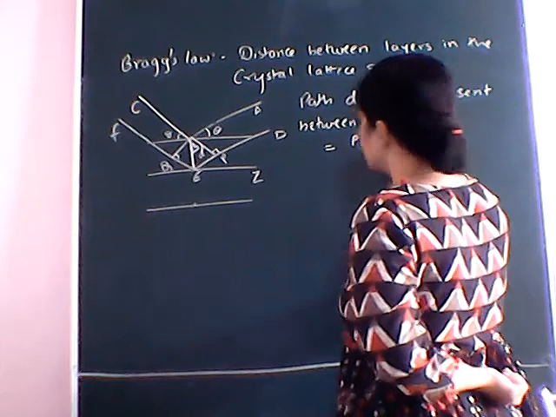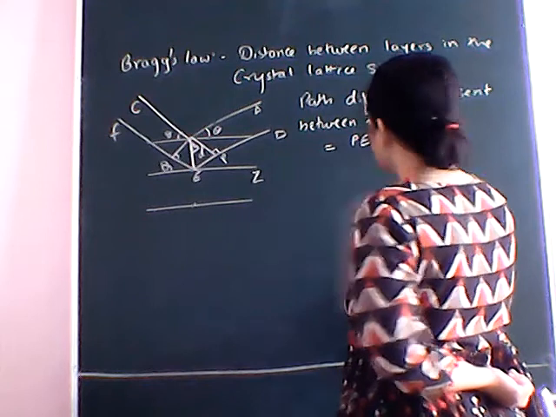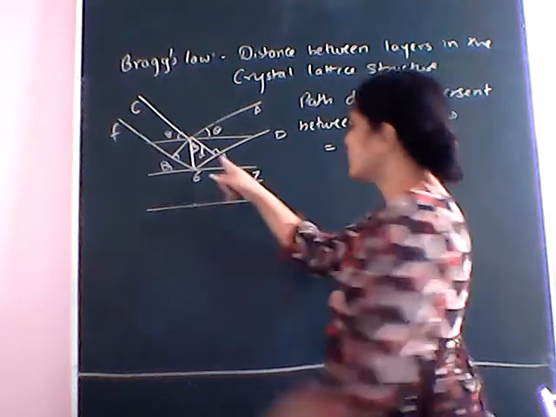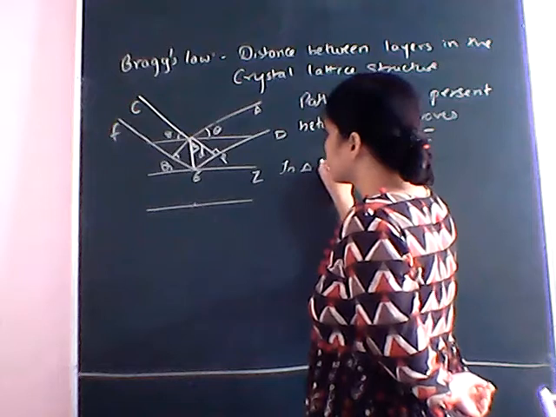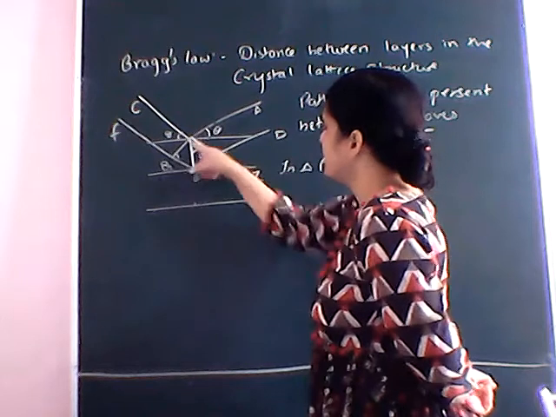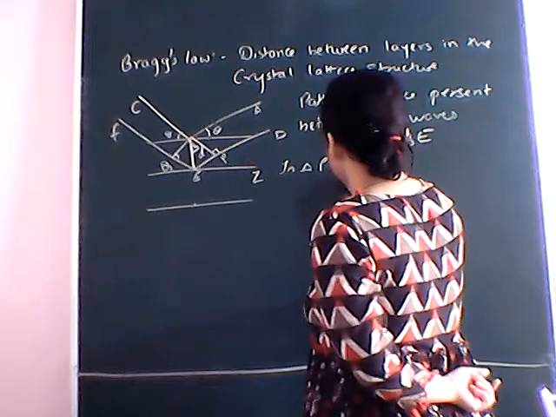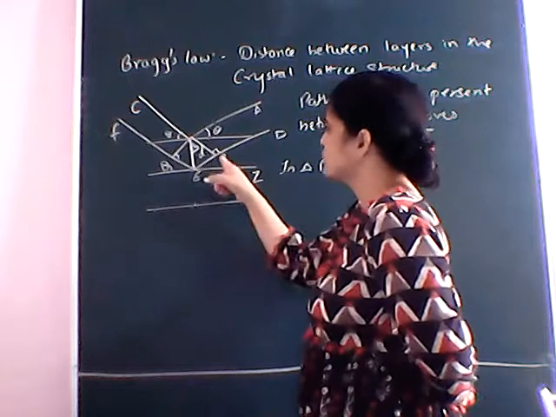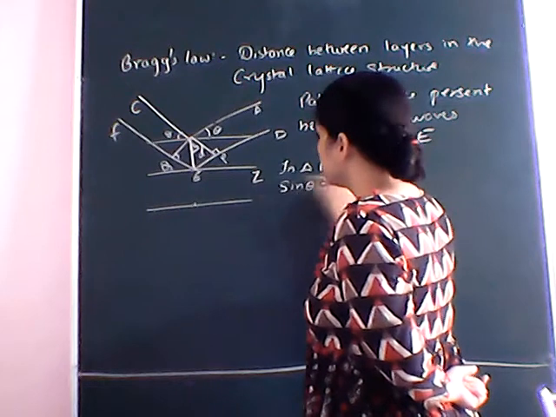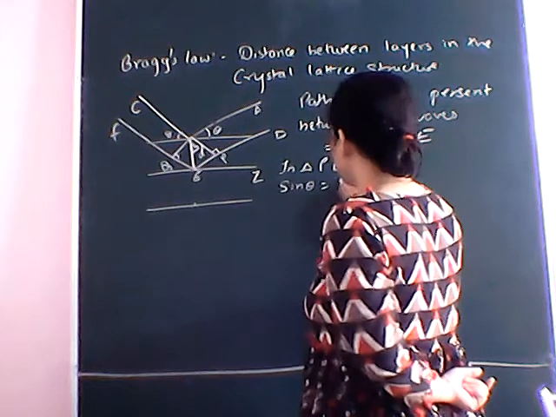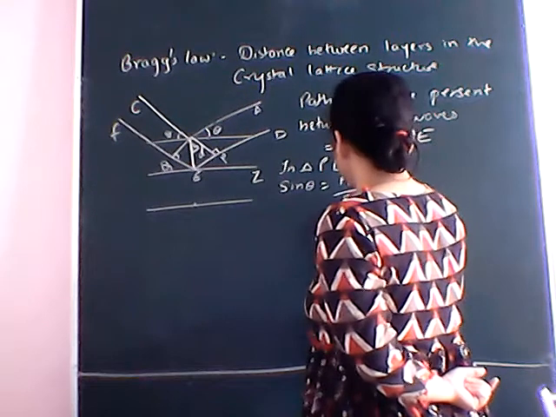PE plus QE. But if you consider the triangle, now in triangle PBE, sin theta is equal to what? PE upon BE.